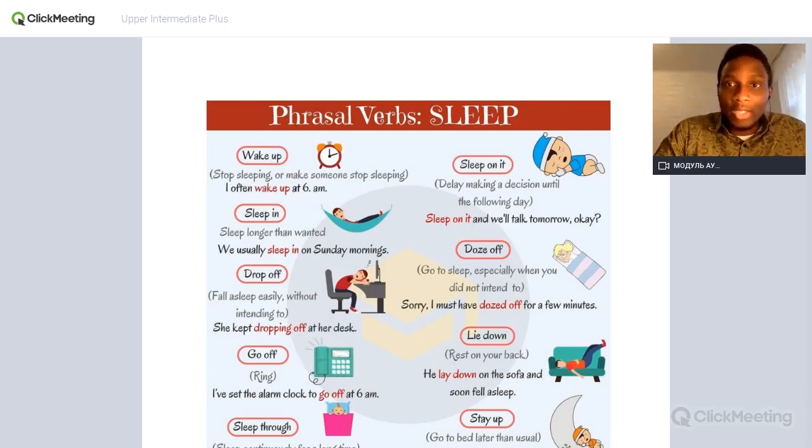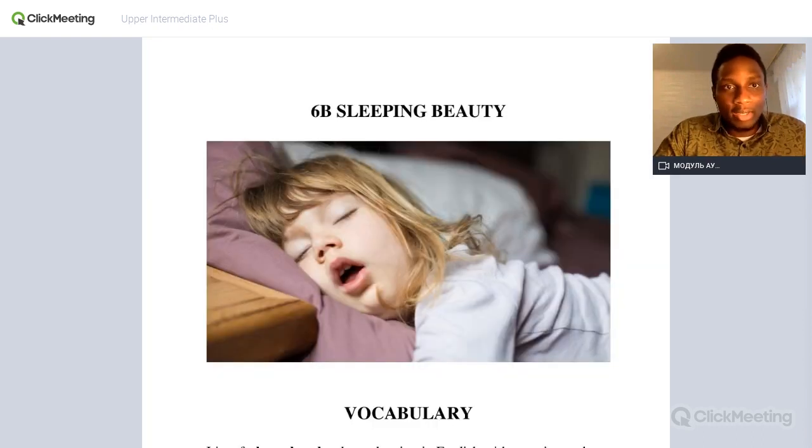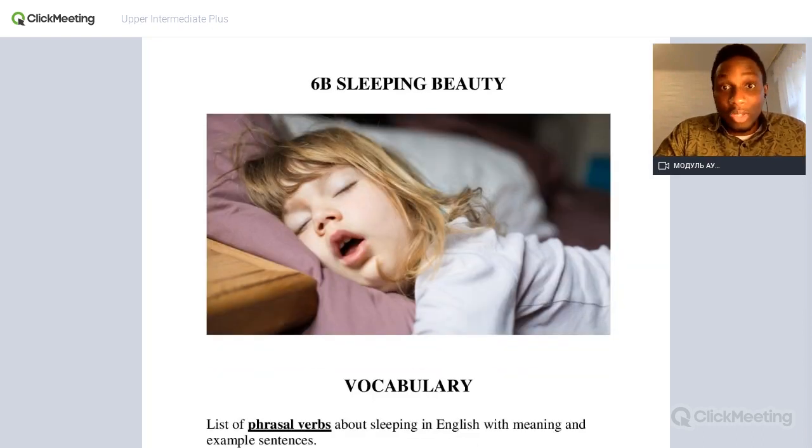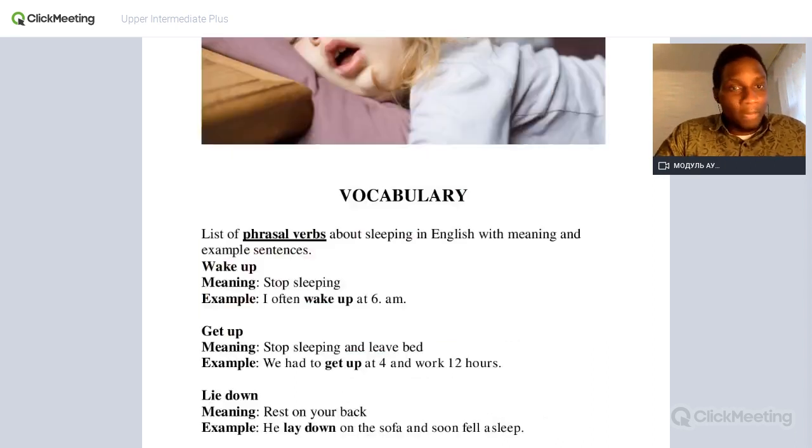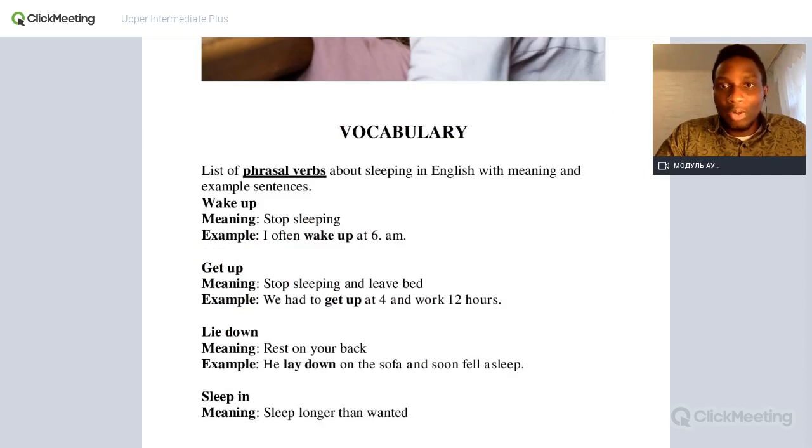The topic was called Sleeping Beauty, and like I said before the lesson, there's actually a fairy tale by Disney called Sleeping Beauty.